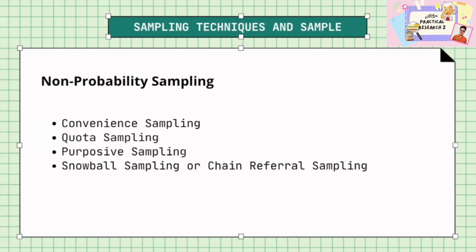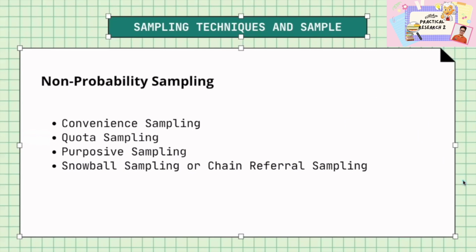You can actually, for example, you know someone who is part of the LGBT community, and that someone you know will actually refer someone else he or she knows. So that's how it goes, the snowball sampling or chain referral sampling.